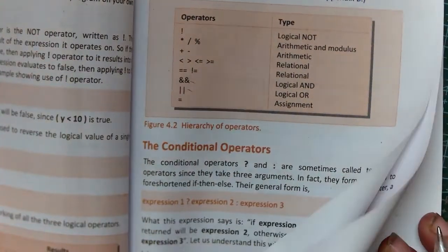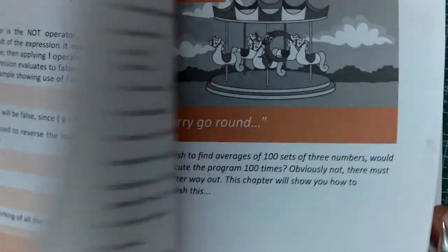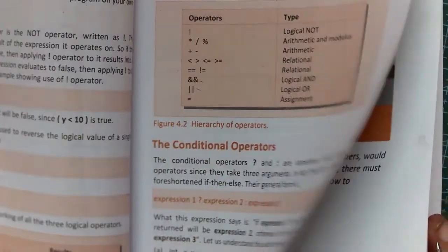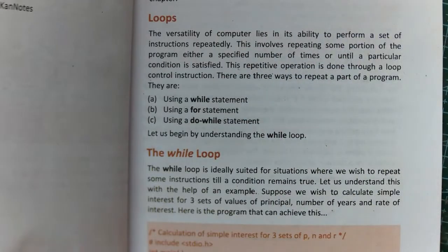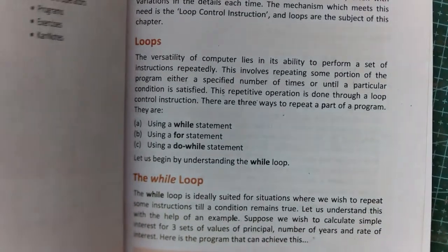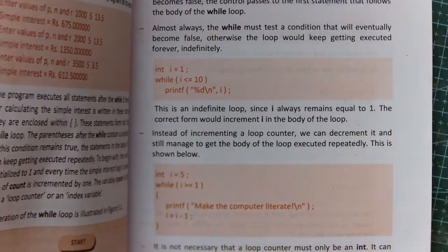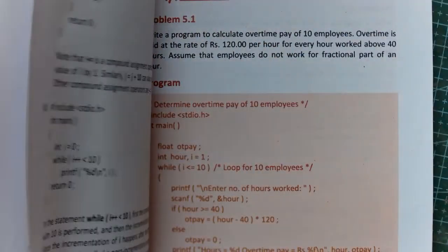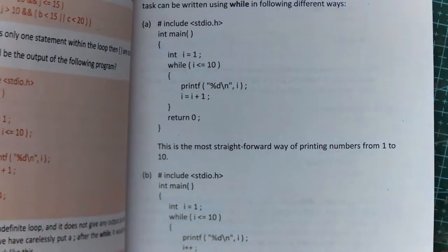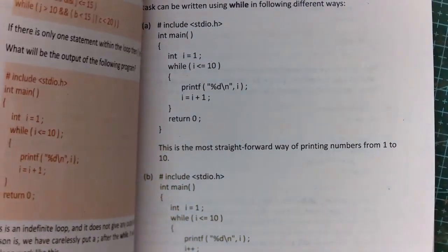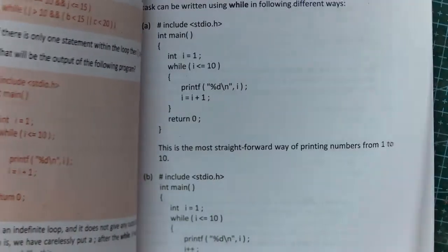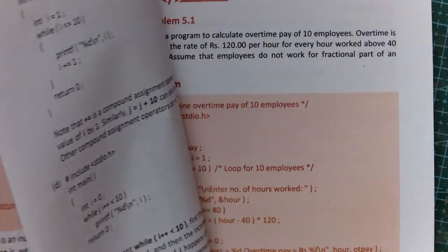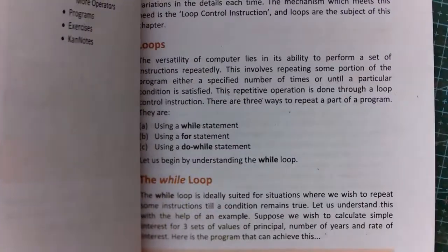Loop control instructions is the next chapter. How big is it? Oh, it's small, a very, very small chapter. Yes, it is: 1, 2, 3, 4, 5, 6 pages only.